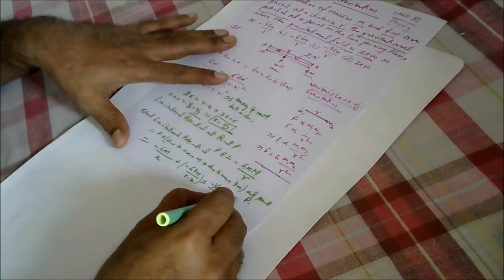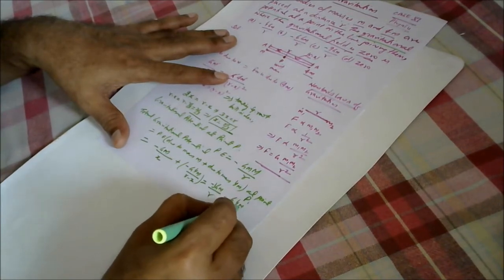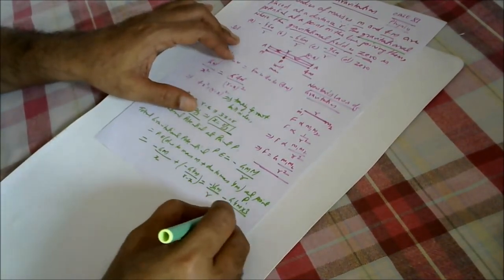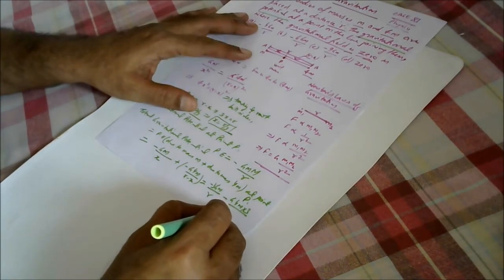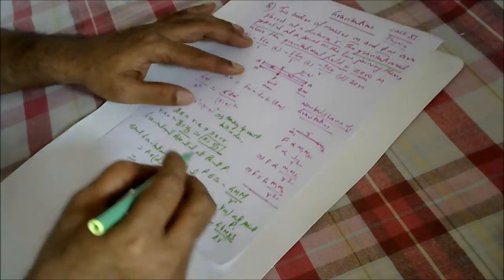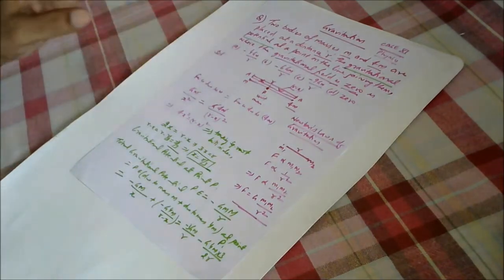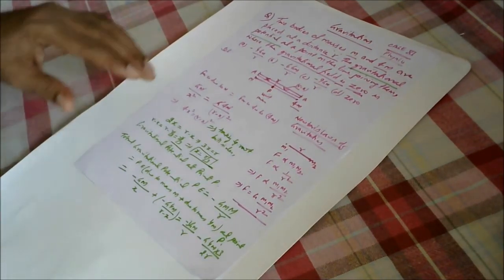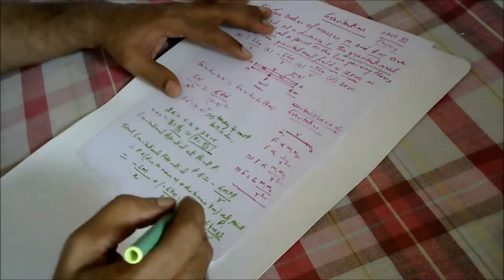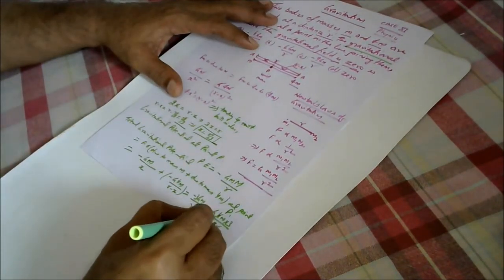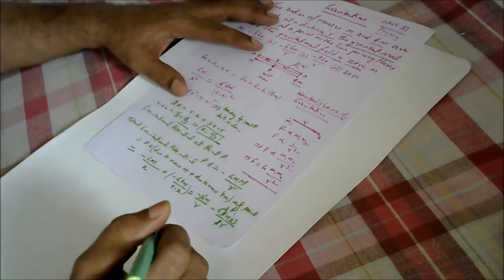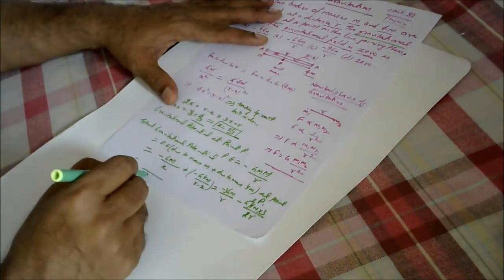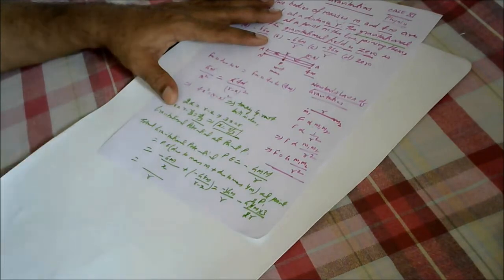And minus G 4m into 3 divided by 2r, so this 2 will cancel, and the denominator is r only, giving minus 6Gm by r.